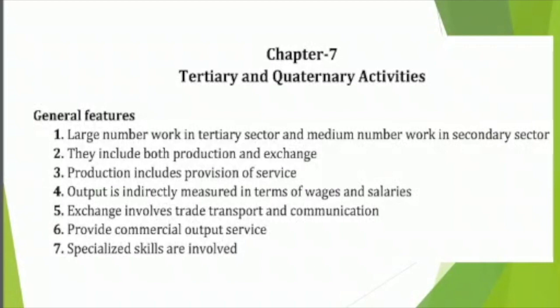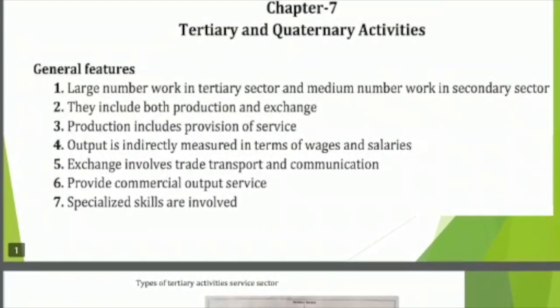But in tertiary and quaternary activities the output cannot be seen or touched, so it is measured in terms of wages and salaries. The general features of the tertiary and quaternary activities include a large number working in the tertiary sector and a medium number working in the secondary sector.